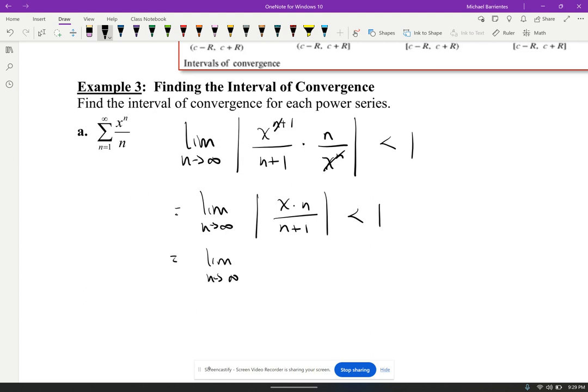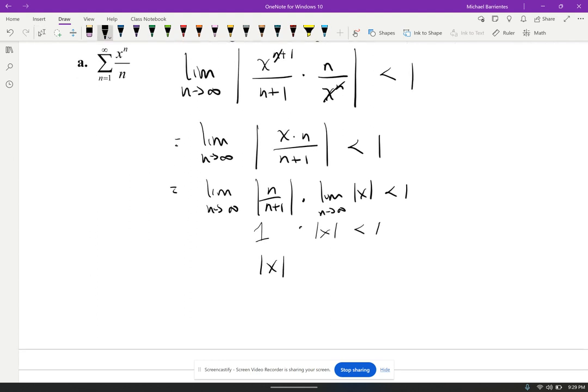I'm going to take the limit of this times the limit of this. Well, the limit of this part that has n over n plus 1 is just 1, times this limit, and the limit of this is just the absolute value of x. So I'm left with the absolute value of x has to be less than 1.